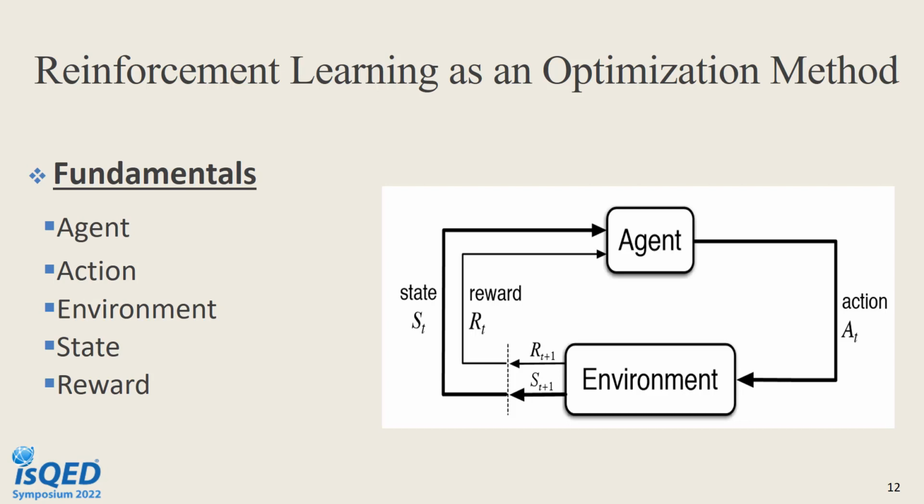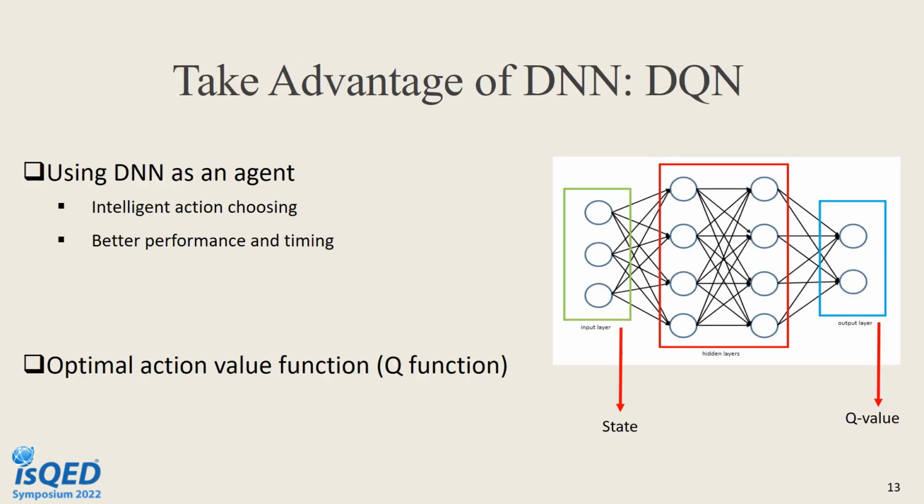The agent is the main part of our reinforcement learning. The environment is the world of our problem, which here is the chip placement, the state is the different configuration of the environment, and the reward is the result of the action that the agent received from the environment.